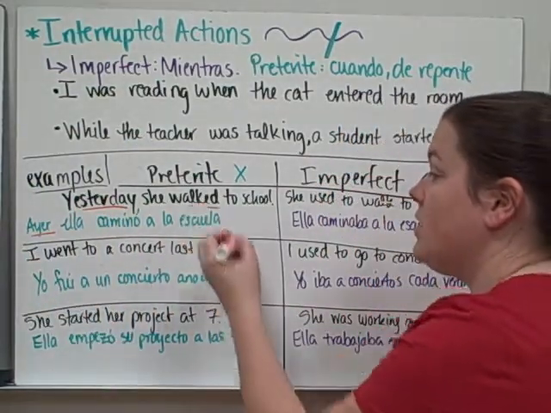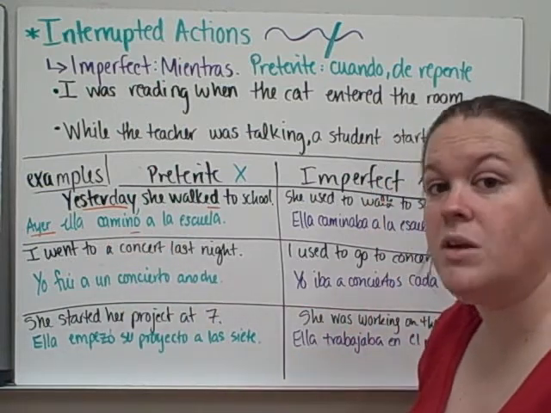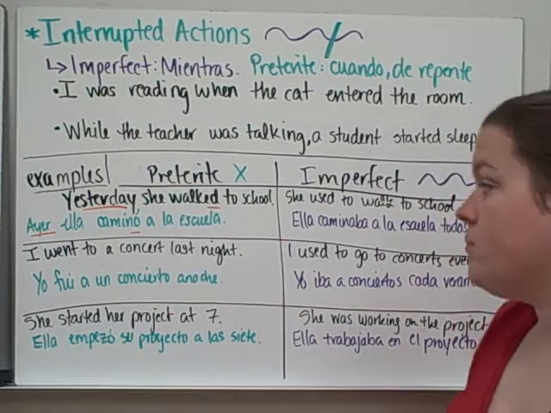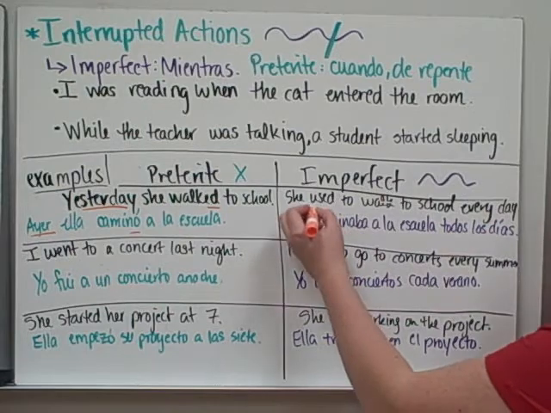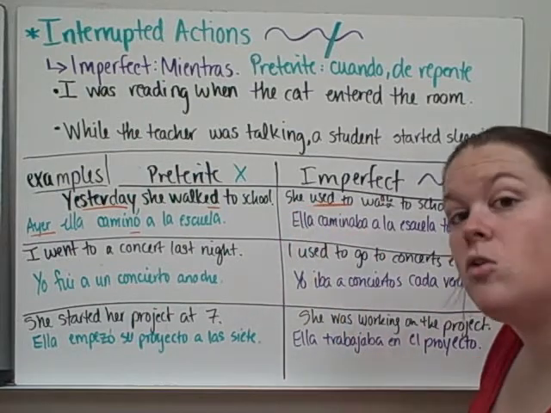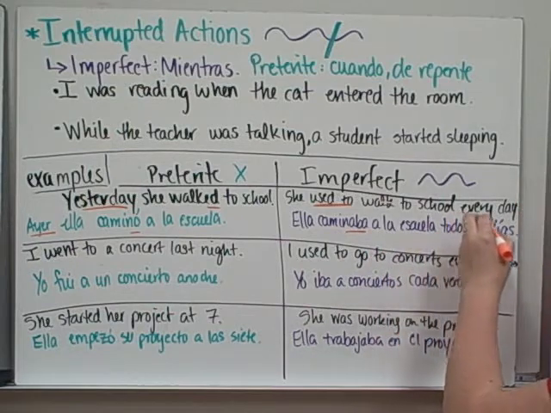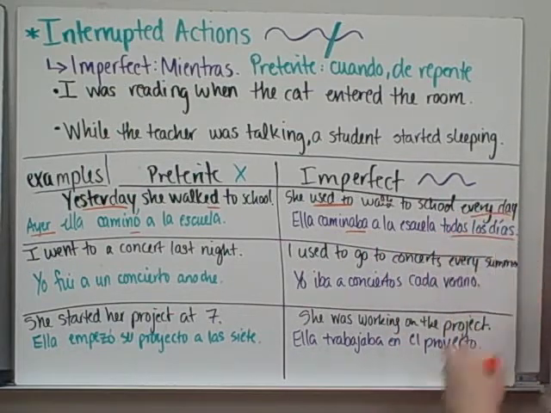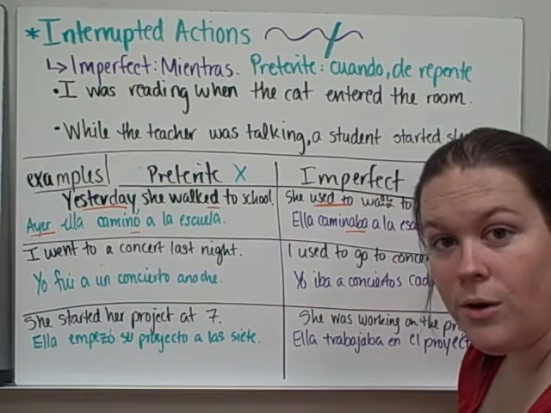Also the word ends in ed, she walked. So it's a specific amount of time, beginning, completed action, done. In this imperfect example, she used to walk to school every day. Used to implies a repeated or habitual action. So caminaba a la escuela every day, todos los días. This is a repeated event. That's why this is imperfect and that is preterite.